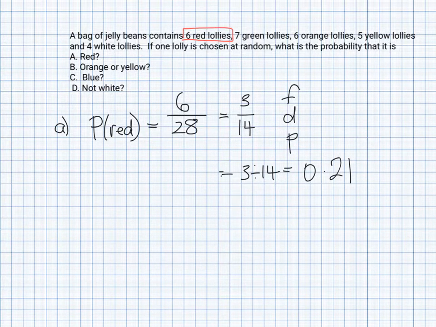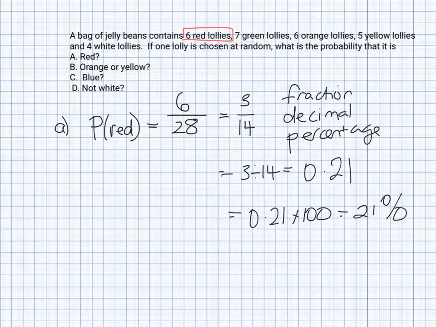Or I can turn it into a percentage, and to do that, we simply times 0.21 by 100, so it equals 21%. I tend to keep it as a fraction, but sometimes you might be asked to put it into a percentage, so it always helps to know how to do those.